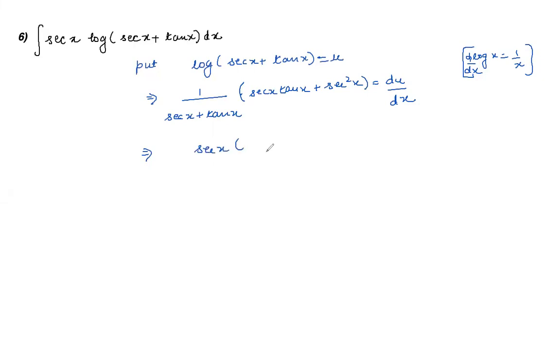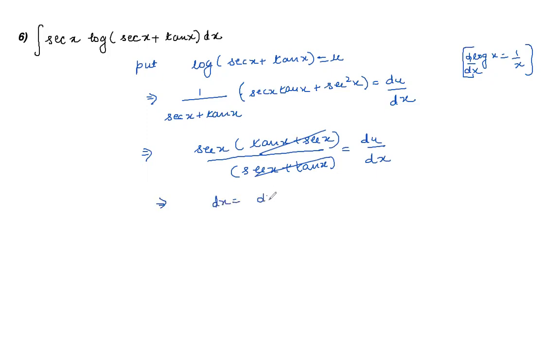Inside the bracket it would be tan x plus sec x, and I have sec x plus tan x in the denominator as well. I can eliminate both the terms, and I'll find the value of dx as du by sec x.